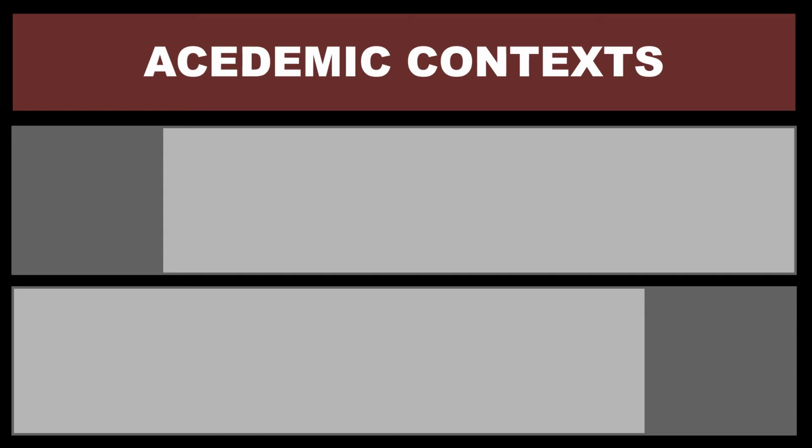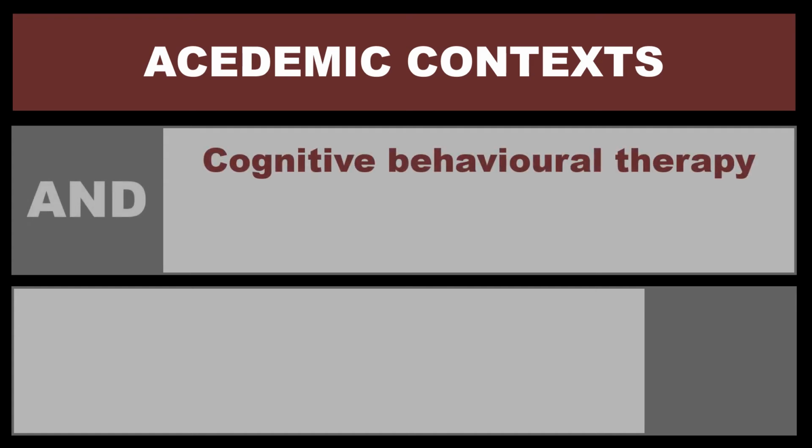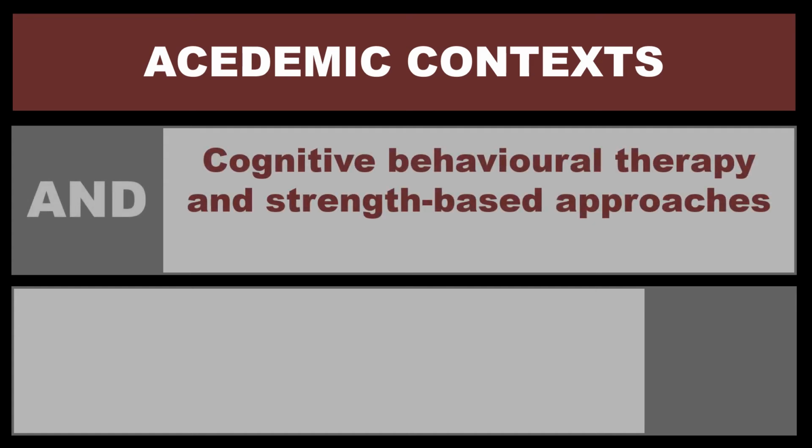How does this look in an academic context? Let's begin with and, where we join two items. Cognitive behavioral therapy and strength-based approaches can be used jointly.